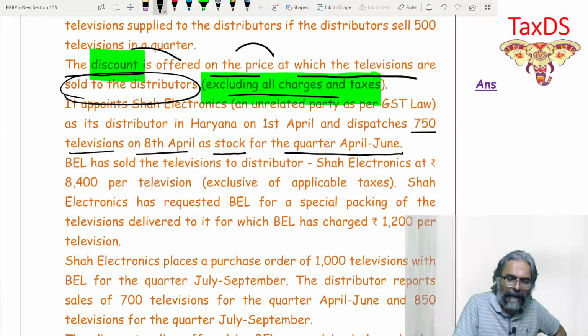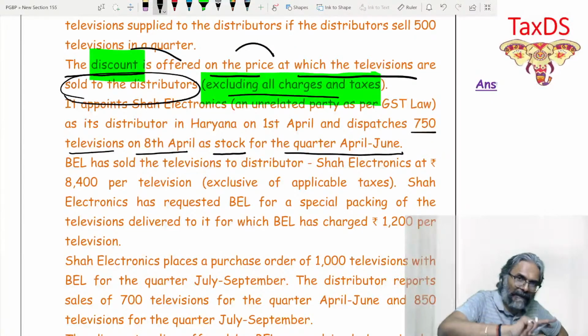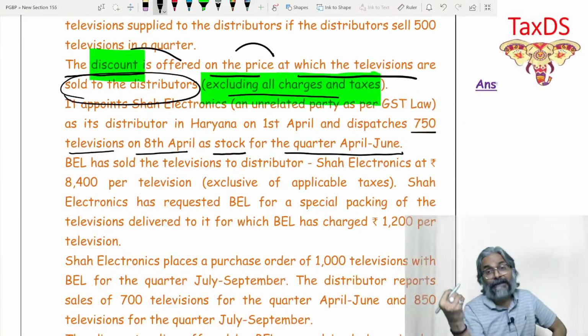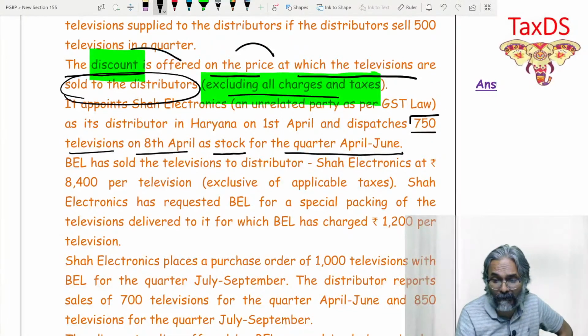You see that? So that is the sale by the manufacturer to the distributor for the first quarter, 750, April to June.